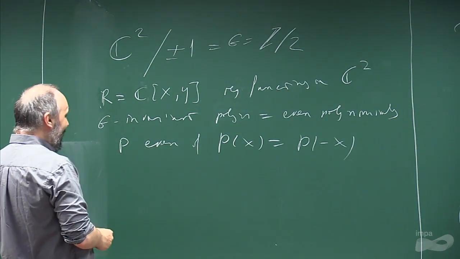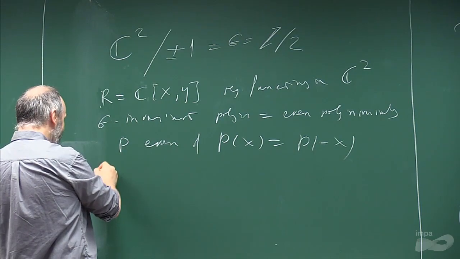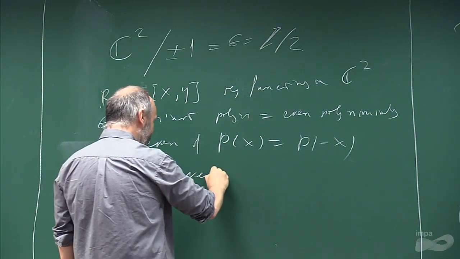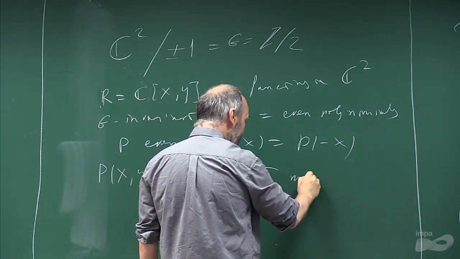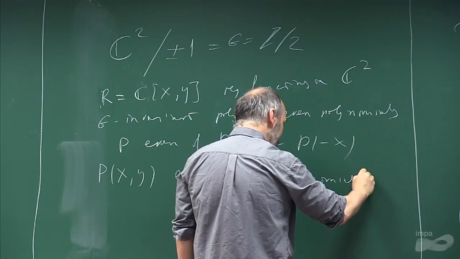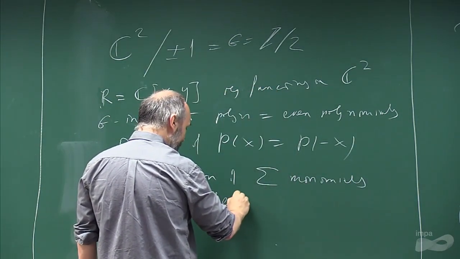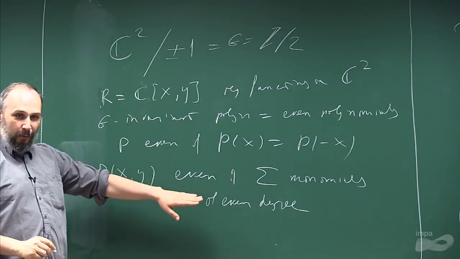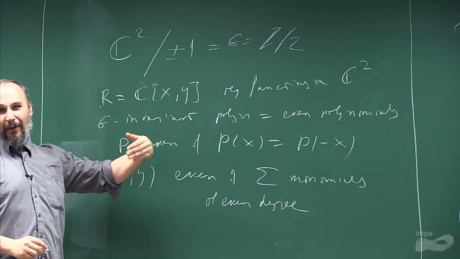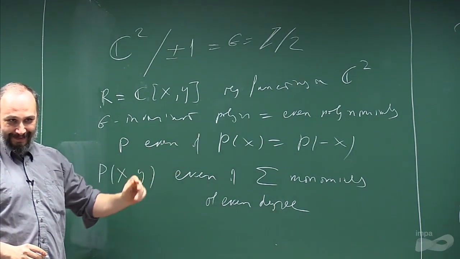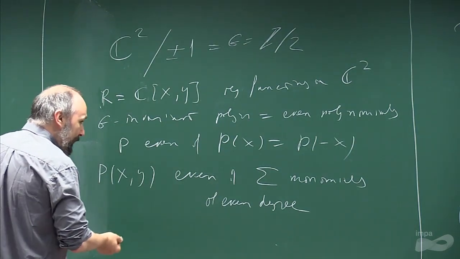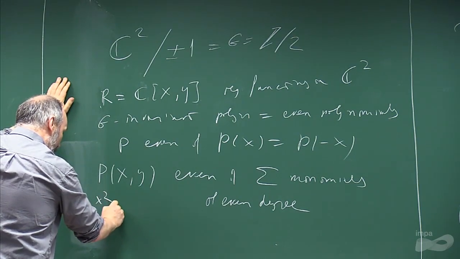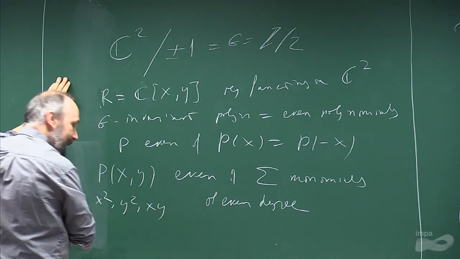And then P(x,y) is even if it is a sum of monomials of even degree. Because if you have a monomial of odd degree, it goes to minus itself. A monomial of even degree goes to itself, right? Then what are the monomials of even degree? They're generated by x squared, y squared, and xy.